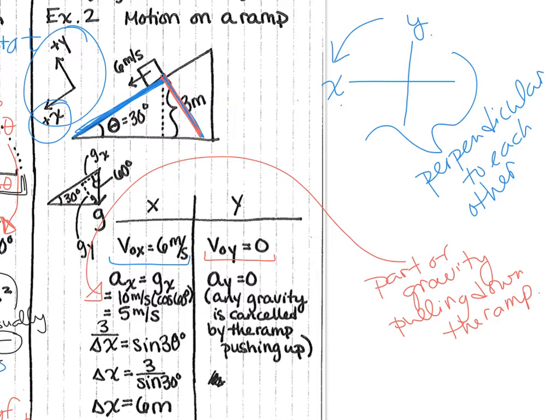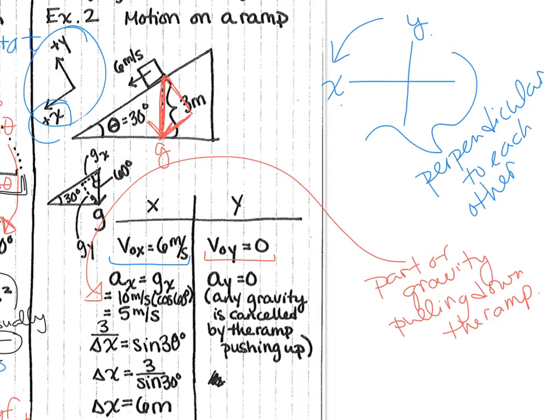So what we do is we make a right triangle, but it's not the same right triangle as is in this diagram to begin with. Because we want to find the component of gravity, which points down, gravity becomes the hypotenuse of our triangle. And we draw a right triangle around it.